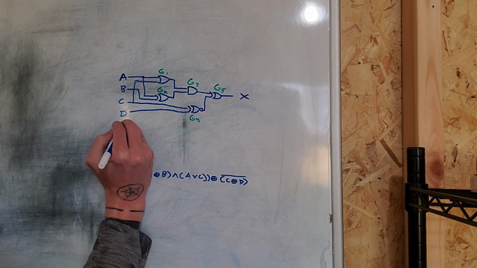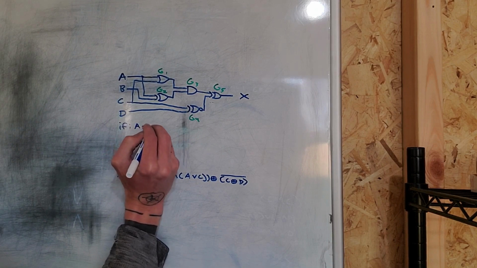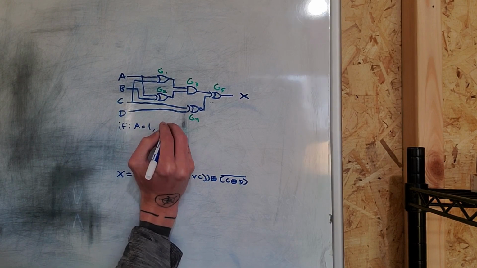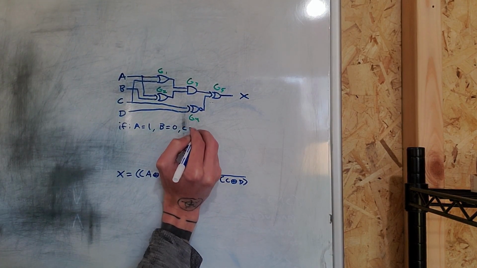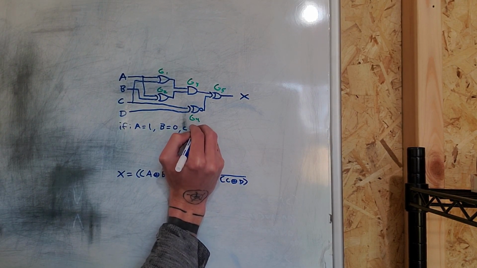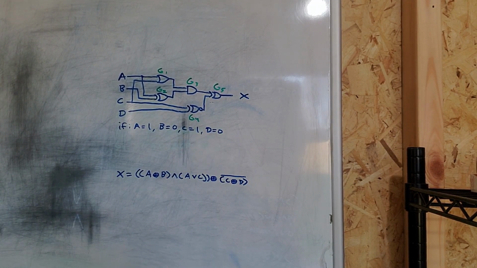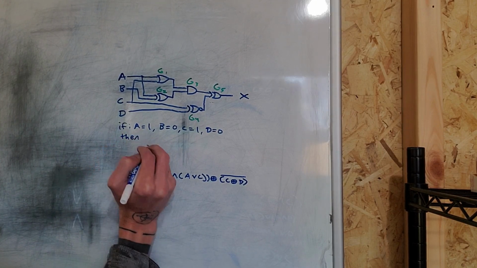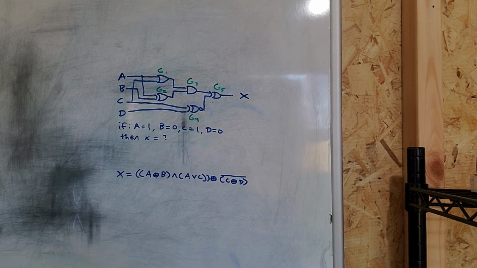So if A equals 1, B equals 0, C equals 1, and D equals 0, just arbitrary values here, then X equals the sum of this equation.